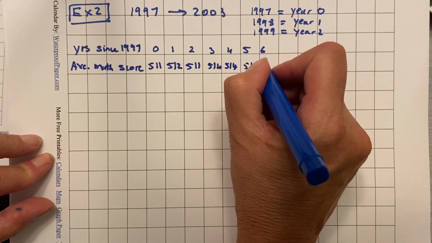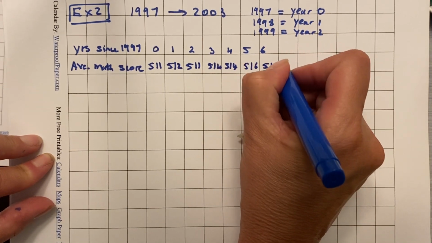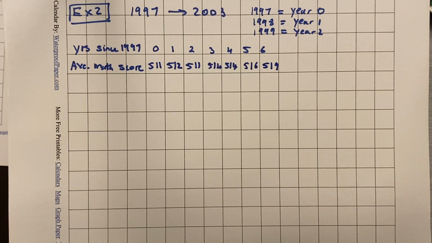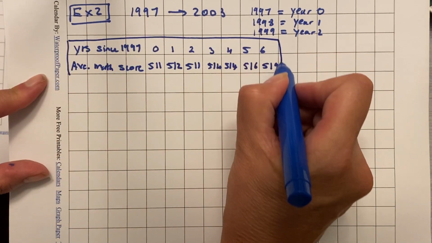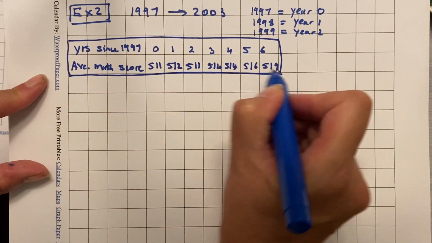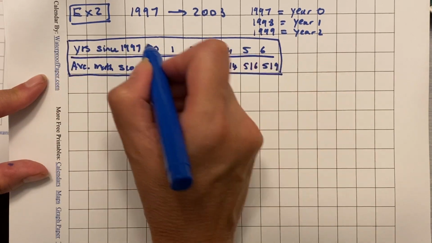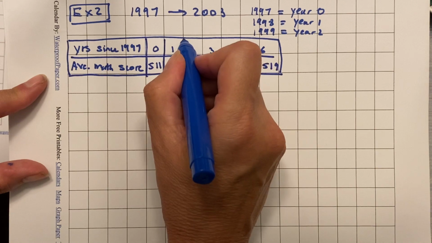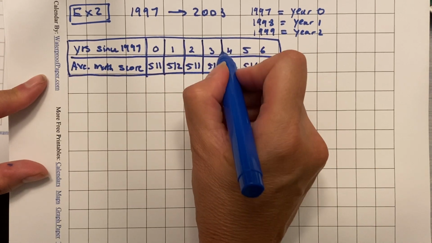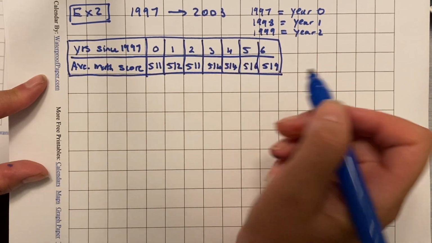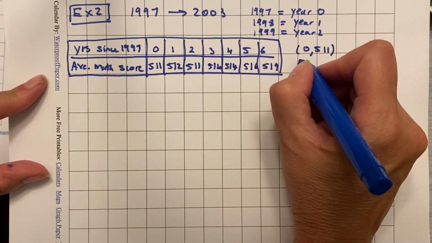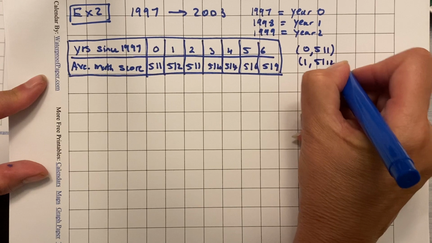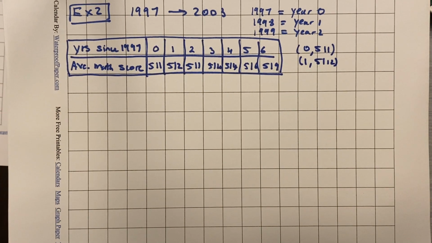It looks like it's a really slow rise over time, right? This helps us identify our ordered pairs just a little bit better, right? So the ordered pairs look like 0, 511, 1, 512, etc. And that's what we have to graph.